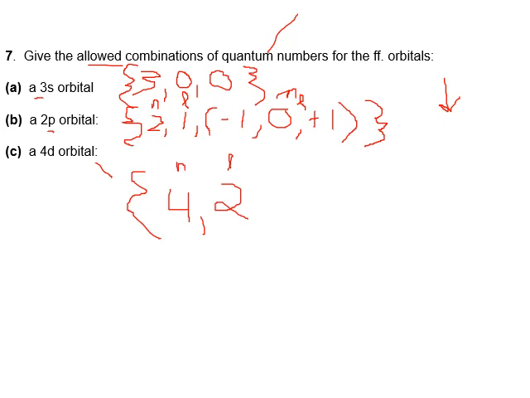And then your M sub L can be anything from plus 2 to minus 2. So there are 5 different possibilities there. I'm not even going to write those out. I'm just going to put a bracket here and close it, and in that bracket you would write everything between plus 2 and minus 2. In other words, plus 2, plus 1, 0, minus 1, and minus 2. Okay, so there are your answers.